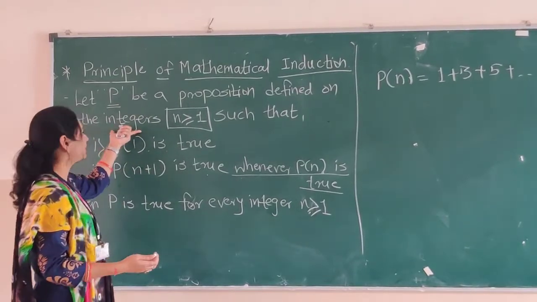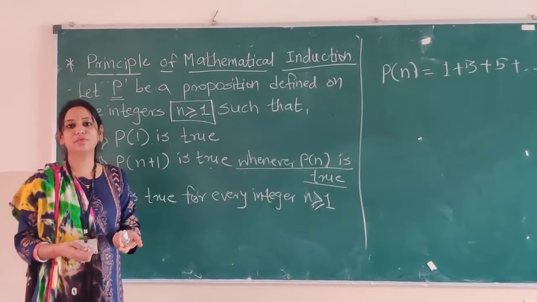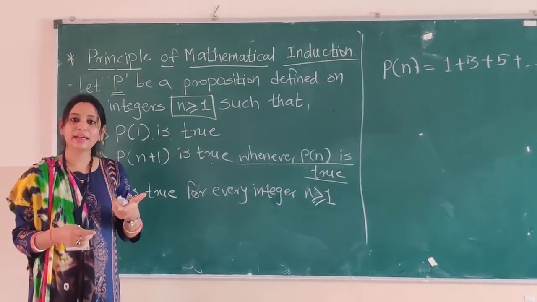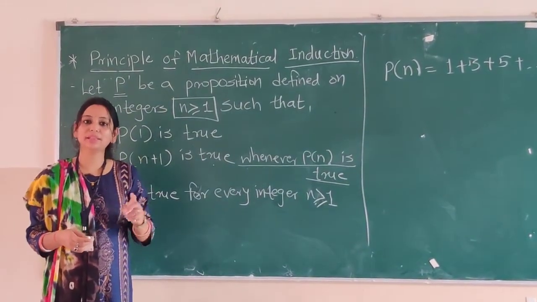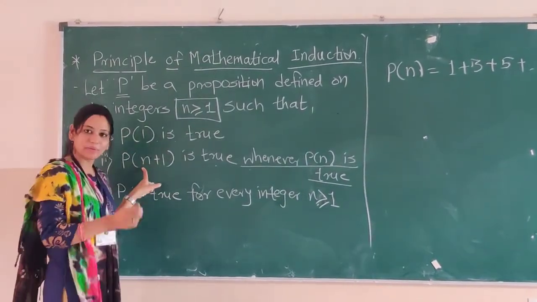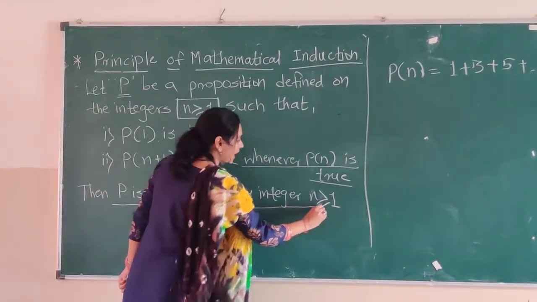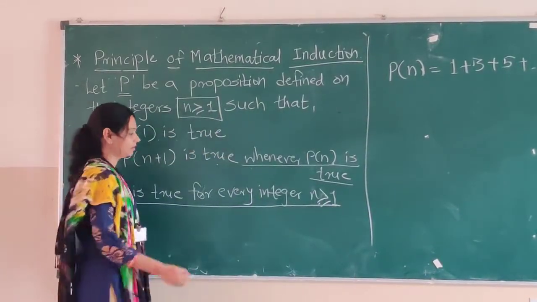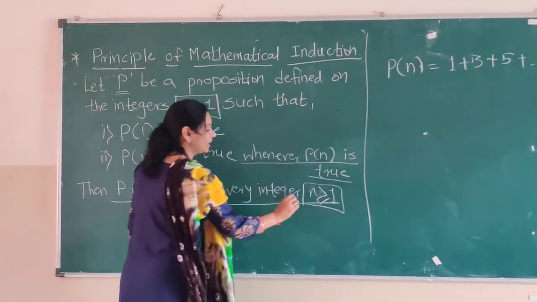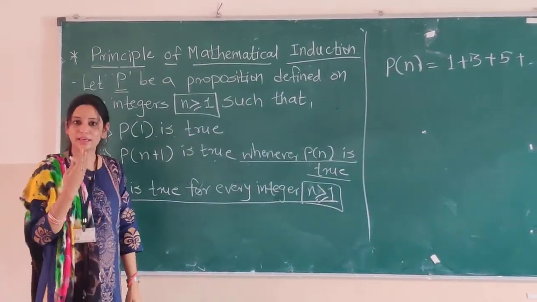So if it is true for P of 1, meaning n is equal to 1, then it will be true for n plus 1, and then P is true for every integer n greater than or equal to 1. That is what the principle of mathematical induction is.